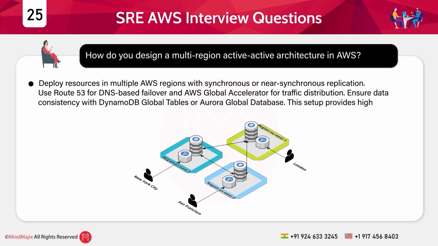For data consistency, you can use services like DynamoDB Global Tables or Aurora Global Database, which provide built-in cross-region replication. Both regions should be capable of handling 100% of the expected traffic in case one fails. This setup ensures high availability, resilience against regional outages, and a seamless user experience even during failures.